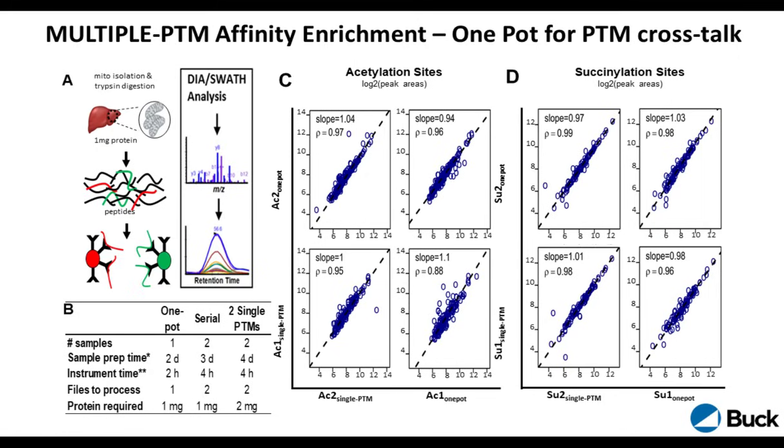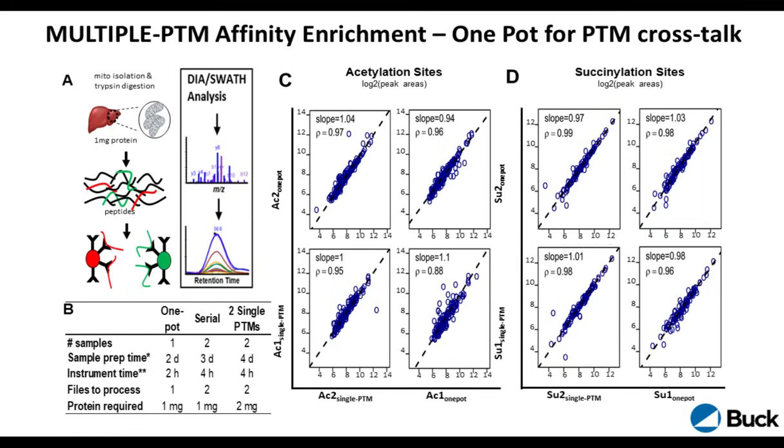One advantage in this is that if we are using samples like mitochondria from mice, or maybe the cortex or the striatum of a Huntington's mouse, sometimes you're rather sample limited in the starting material.